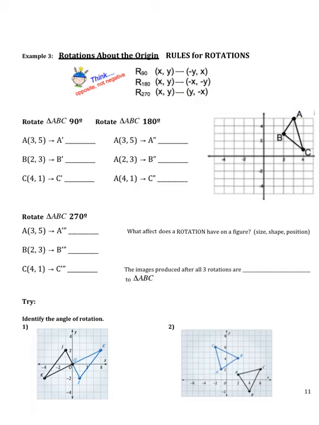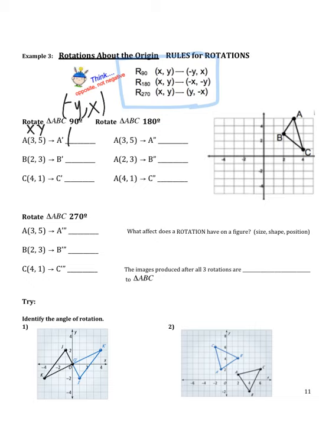Last thing to talk about here is reviewing rotations. So remember the rules. These rules are pretty important, and you're going to want to memorize them. For 90 degrees, it's opposite of y, comma x. So that's what we're doing here in this first one. For A prime, opposite of y, so there's x, there's y.